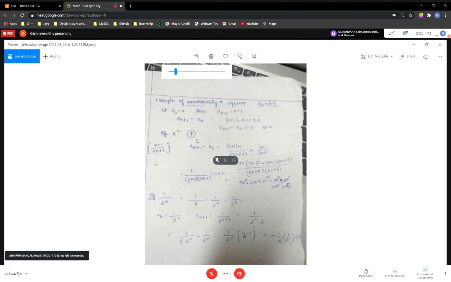The second one is also monotonically increasing. Next: n plus 1 by 2n plus 3. You just check the an plus 1 minus an condition. An plus 1 means n plus 1 plus 1 by 2n plus 1 plus 3, minus an. Taking cross multiplication, finally it will come greater than 0. Everybody check, write this question and check.